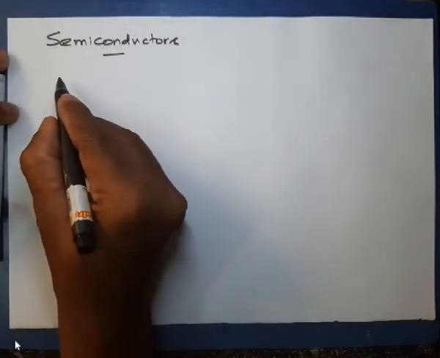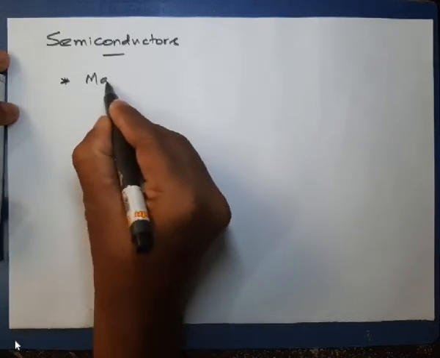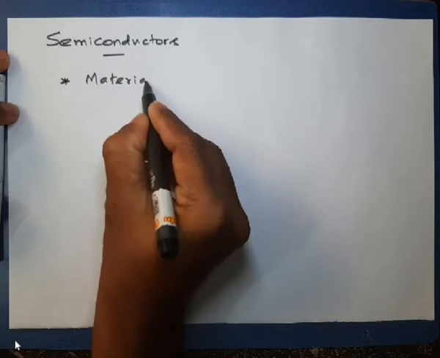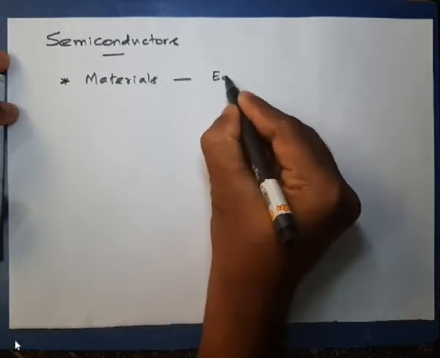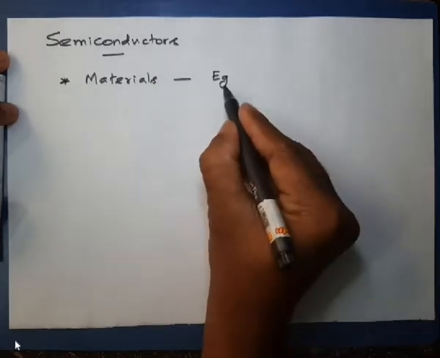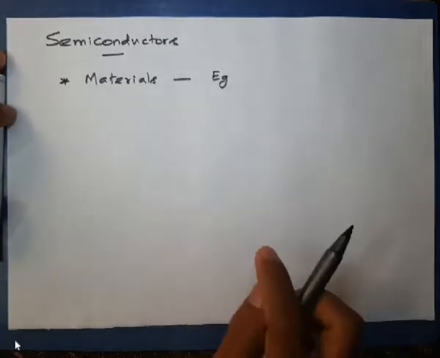What are semiconductors? Semiconductors are materials which have a band gap. EG is the standard notation we use for band gap.